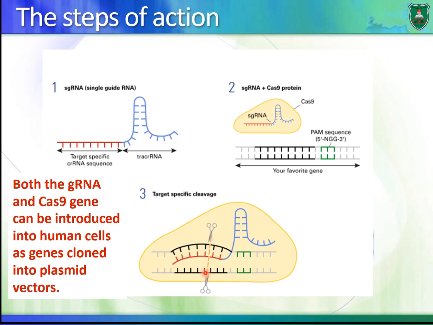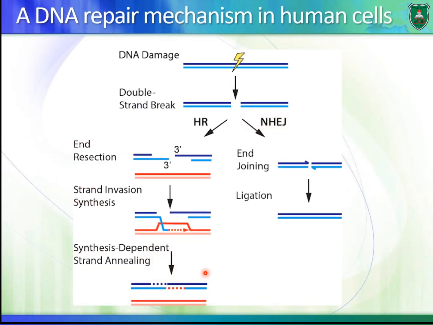Now the thing is, how can we take advantage of this? Well, remember when we talked about DNA repair mechanisms, and we said that one such mechanism is for when you have double strand breaks, and this is what Cas9 does. It creates double strand breaks. If you have double strand breaks in DNA, they can be repaired by recombinational repair mechanisms, a mechanism known as homologous recombination.